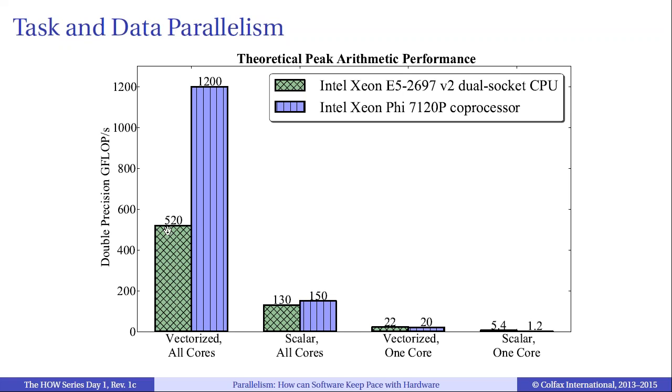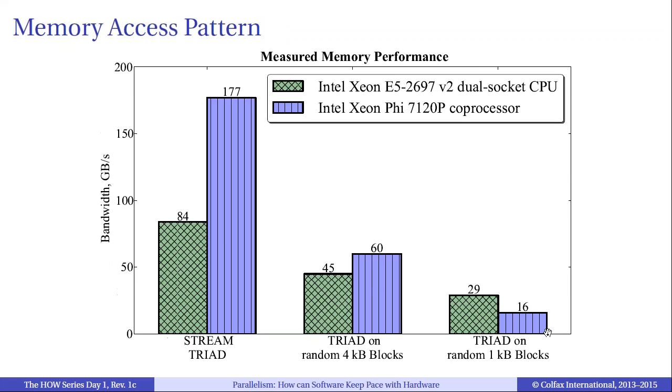Which shows that Xeon is a parallel processor. It likes data parallelism and thread parallelism, task parallelism. But it is more versatile, meaning if you don't have this parallelism, it can deliver better performance than a Xeon Phi. Xeon Phi also likes parallelism, but without parallelism, it is completely useless.